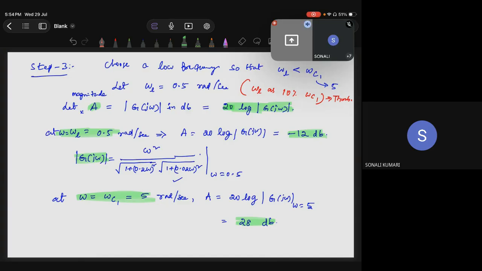Is there any doubt? Ultimately, what we are trying to do is start with omega L, omega C1, omega C2, and omega H. This is low, this is high. At all frequencies, we'll find this A value.